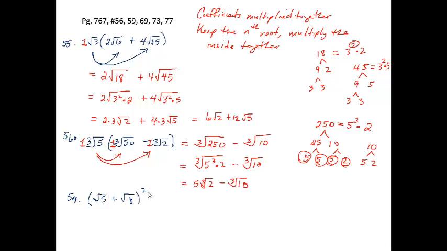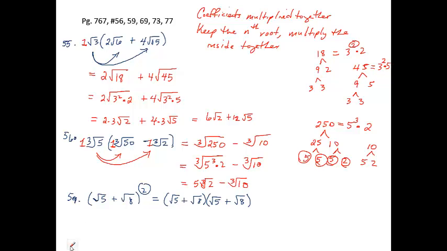Well, first thing we gotta do is write this out. Square is the same as saying the square root of 5 plus the square root of 8 times the square root of 5 plus the square root of 8.